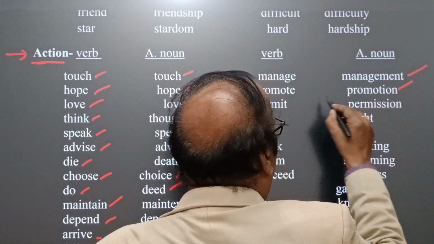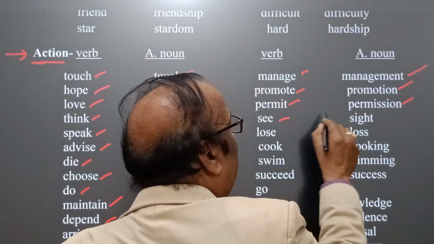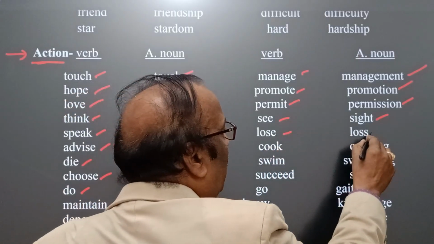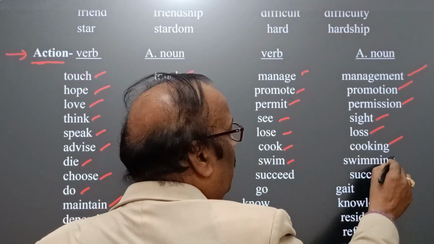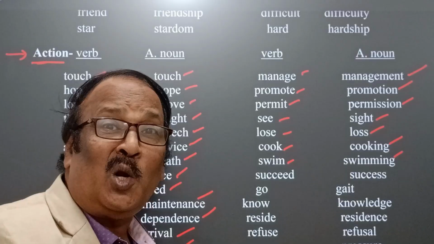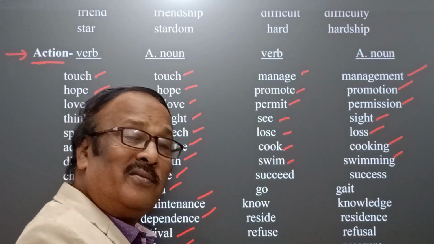Promote, promotion. Permit, permission. See, sight. Lose, loss. Cook, cooking. Swim, swimming. Some verbs also take the ing verb form, that is gerund, verbal noun. Yes, they are also abstract nouns.